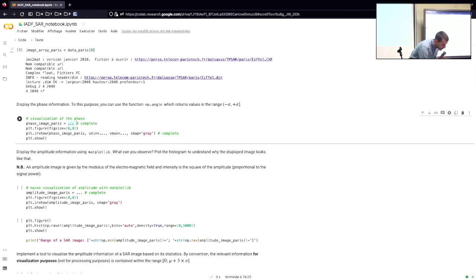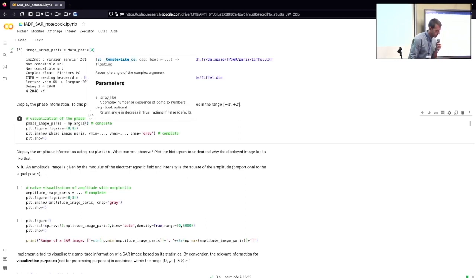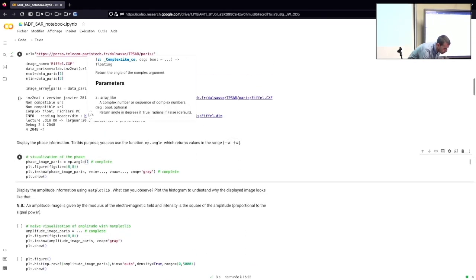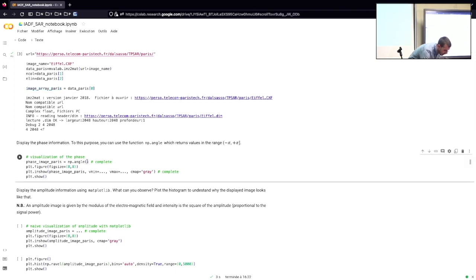given that data are in complex format, you can use the function provided by the NumPy library, for those who are not familiar. It's numpy.angle, and then in input, we will just give the image array. And then numpy.angle provides values which are between -pi and pi, okay?